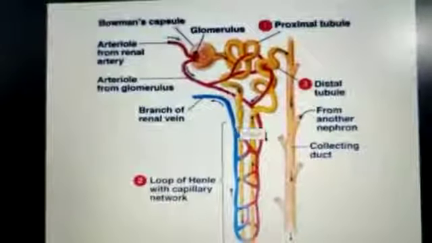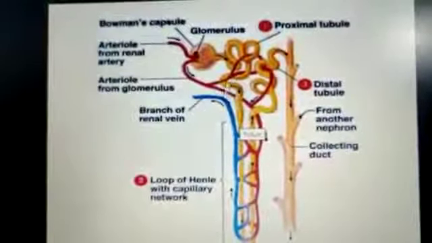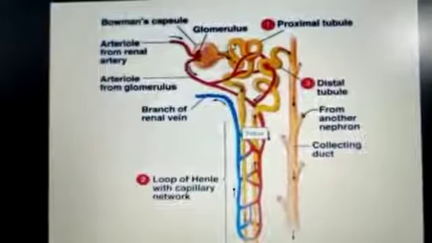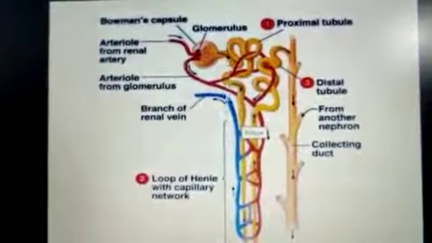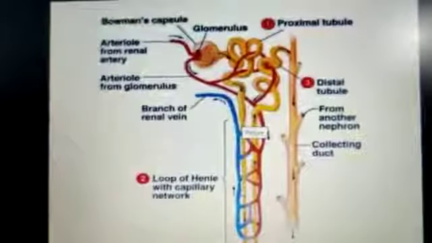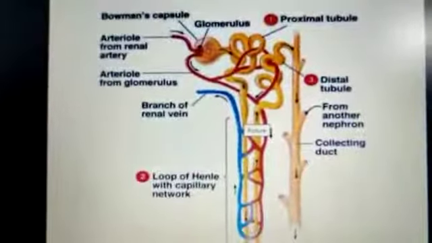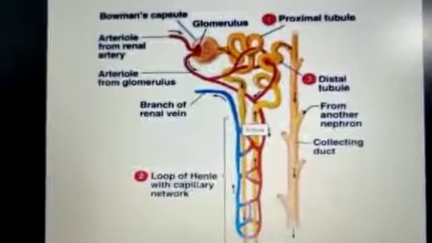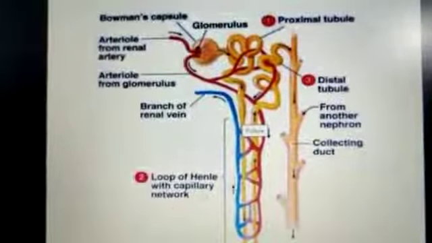Once this proximal convoluted tube receives the blood filtrate of the glomerulus, it passes through this U-shaped structure, that is the Henle's loop. You are able to see the loop of Henle with the capillary network.